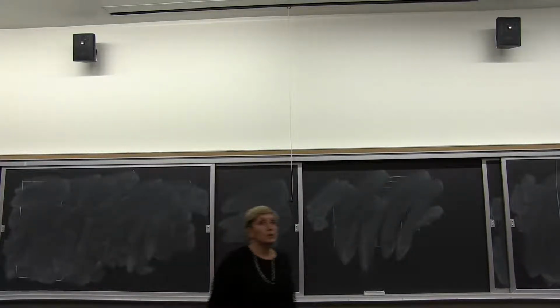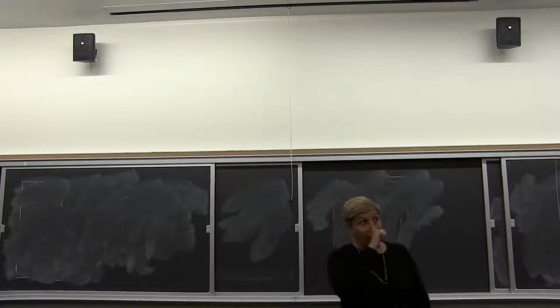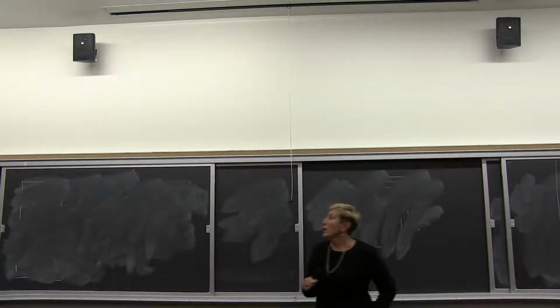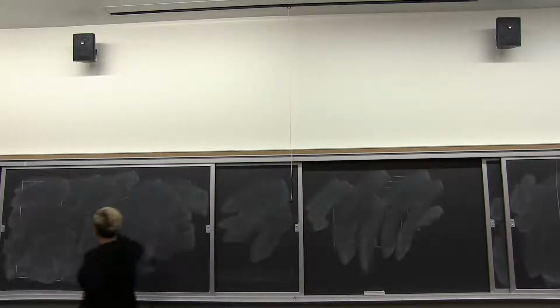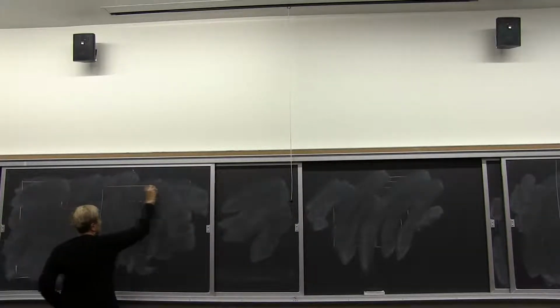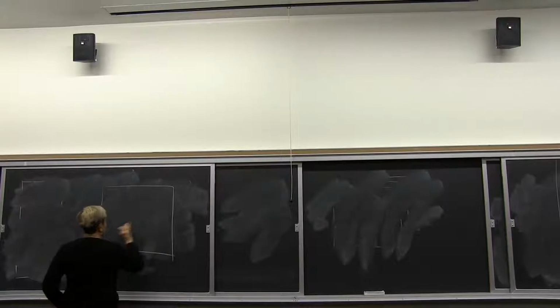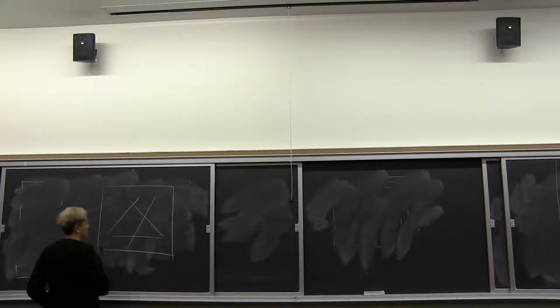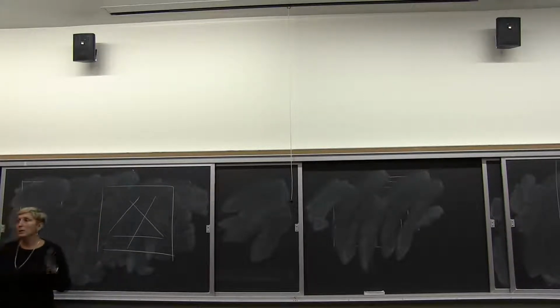So let me talk about something that I was planning to talk about on Tuesday, but I still have 15 more minutes. So let's say I have an image that has lines in it. I have a black background and white lines.